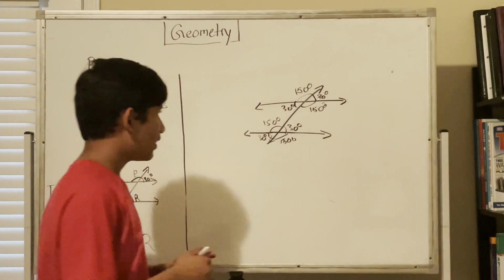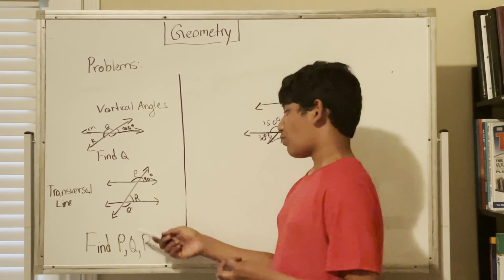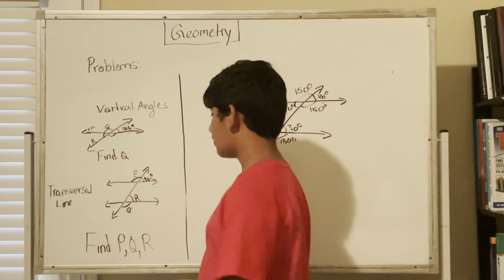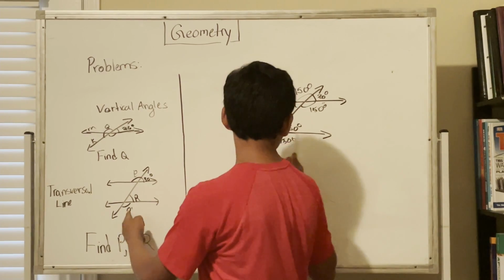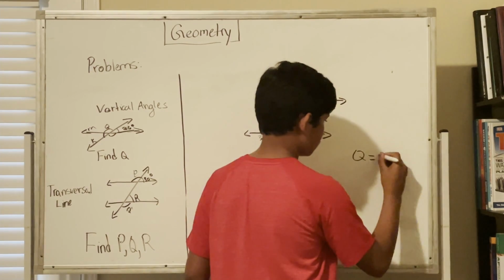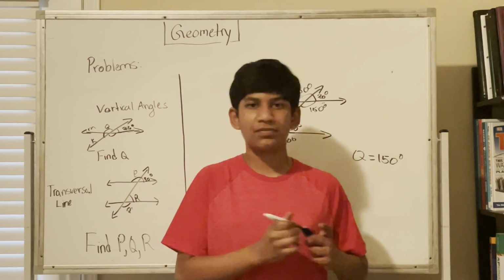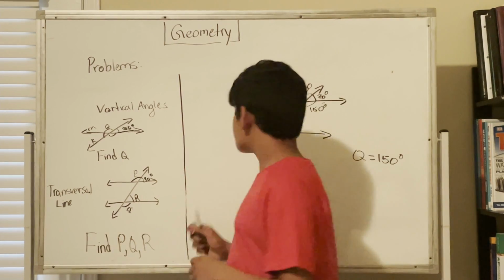Okay. Now that we've identified this, let's find what P, Q, and R are, because that's the problem. Well, Q is this angle. Q is 150 degrees. Notice that P or R is going to be the same as Q. R is going to be this angle.